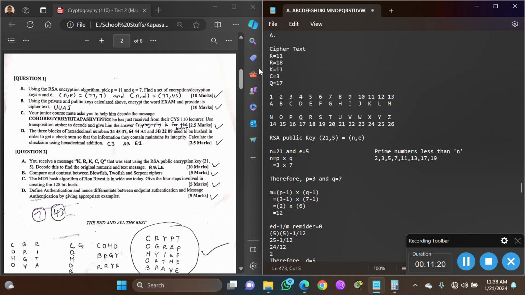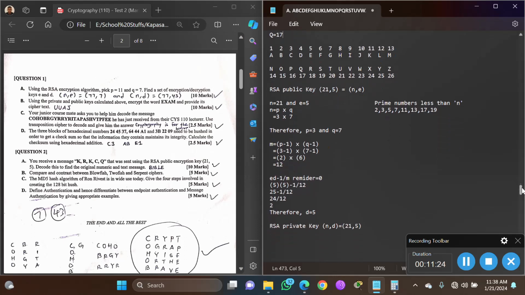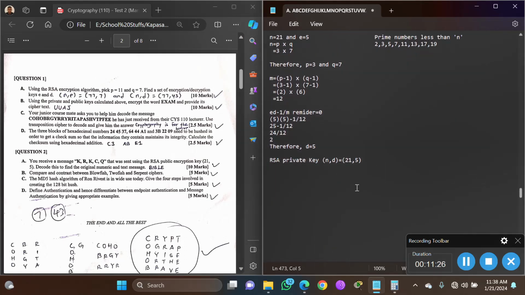Okay, now since we have that information, we just need to come up with the formula. Since we are decrypting, we need to get the plain text, which is M. So we are decrypting the ciphertext, raised to D, mod N. So that's the formula now.